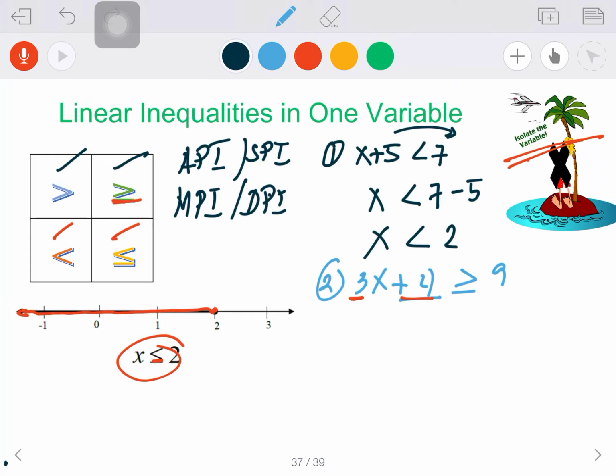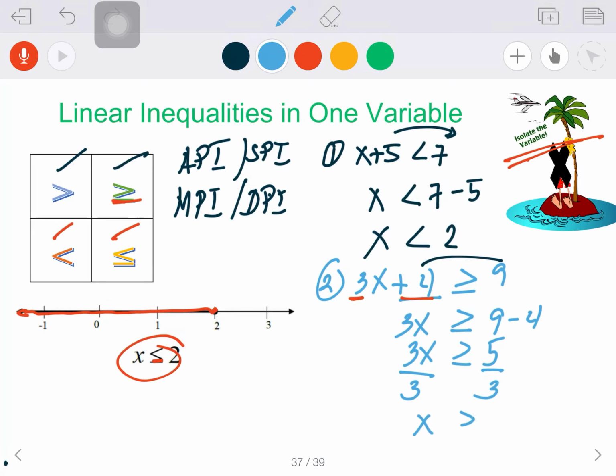So we transpose, that becomes 3x greater than or equal to 9 minus 4. Then you're left with 3x greater than or equal to 5. And last to go is division by 3. So x is greater than or equal to 5/3.